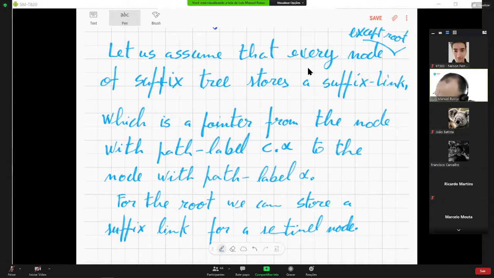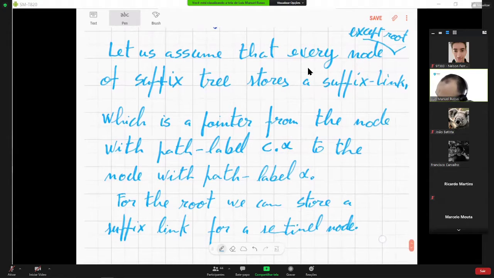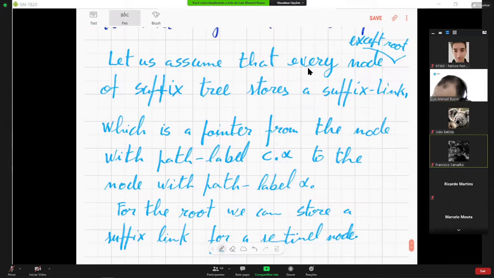Let's assume that every node has a path label C alpha, where C is the letter and alpha could actually be an empty string.